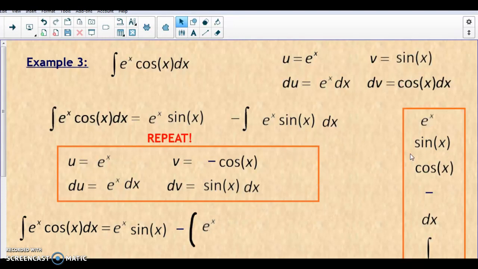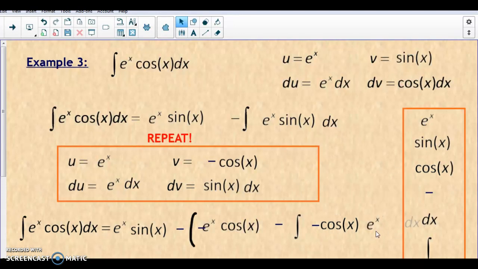So e to the x, negative cosine x, minus the integral of v, negative cosine x, du. Well, that's e to the x dx again.